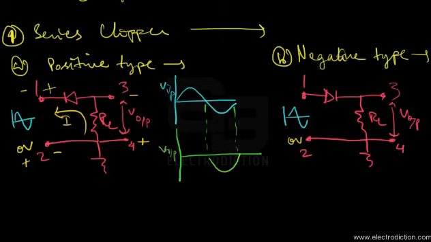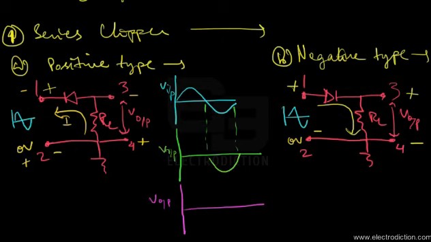On the other hand, in the negative type clipper, when the first half cycle arrives, the diode is forward biased because terminal 1 is at positive potential compared to terminal 2, so the anode of the diode has a positive potential and the diode conducts heavily during this period. A voltage occurs across RL with positive polarity at 3 and negative at 4.